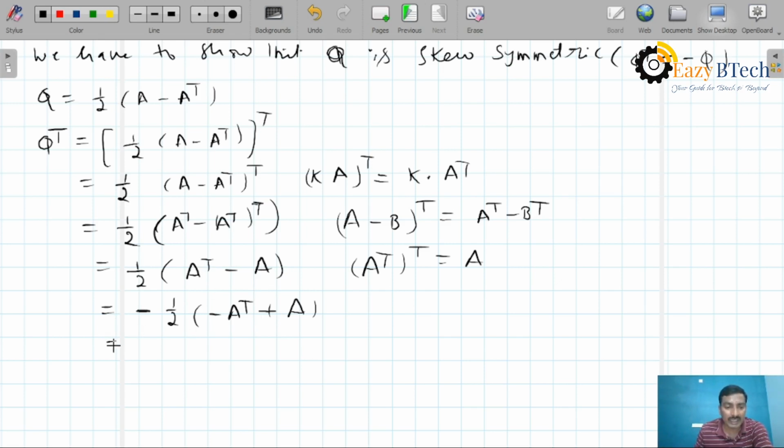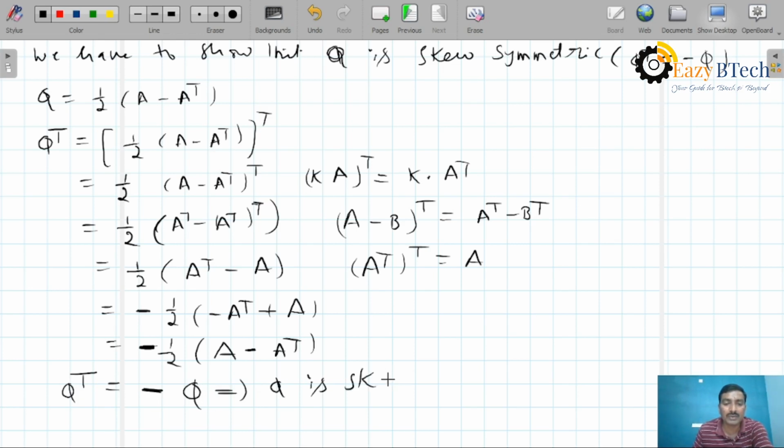So this can be written as minus 1 by 2 into, first I will write the plus term, capital A. After that I will write the minus term, minus A transpose. In front there is a minus. That equals minus into this expression, which equals Q. So finally what we proved: Q transpose equals minus Q. So Q transpose equals minus Q means Q is called skew symmetric.